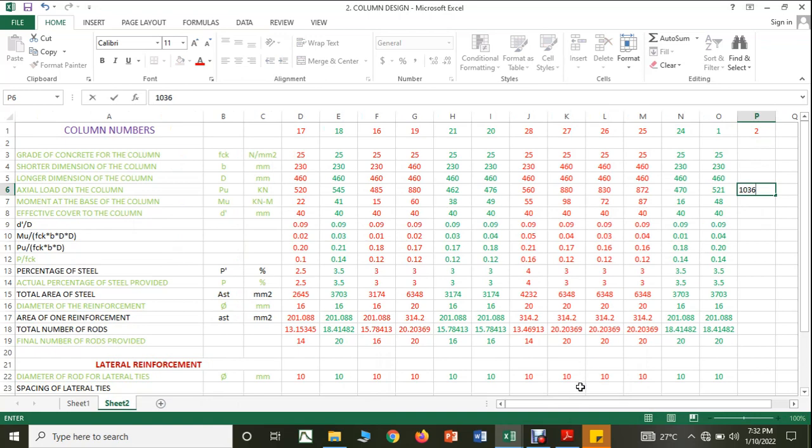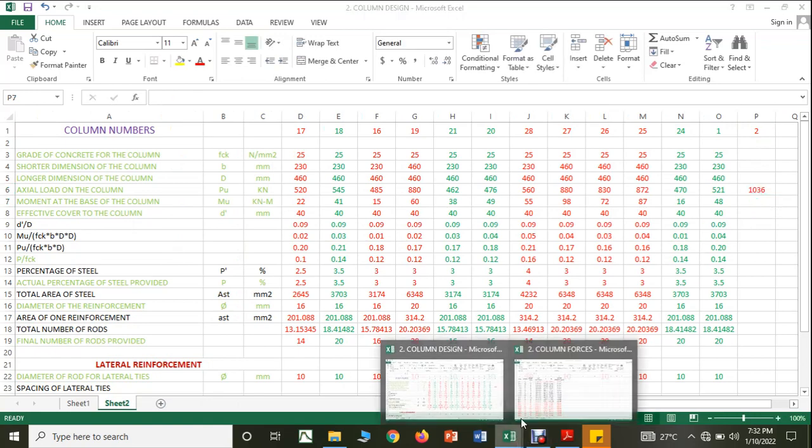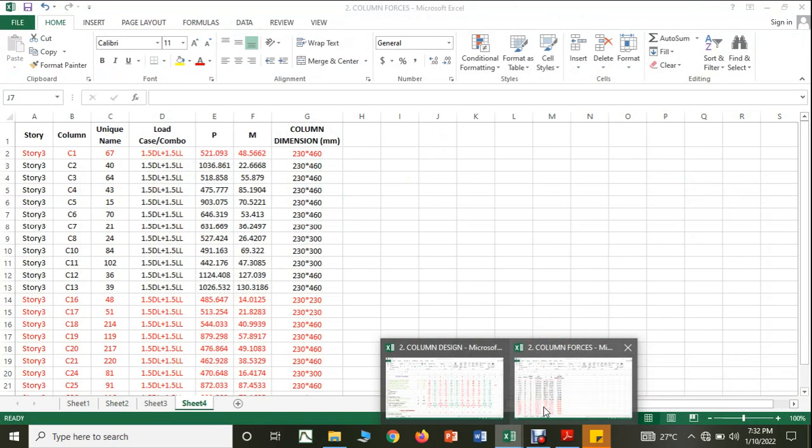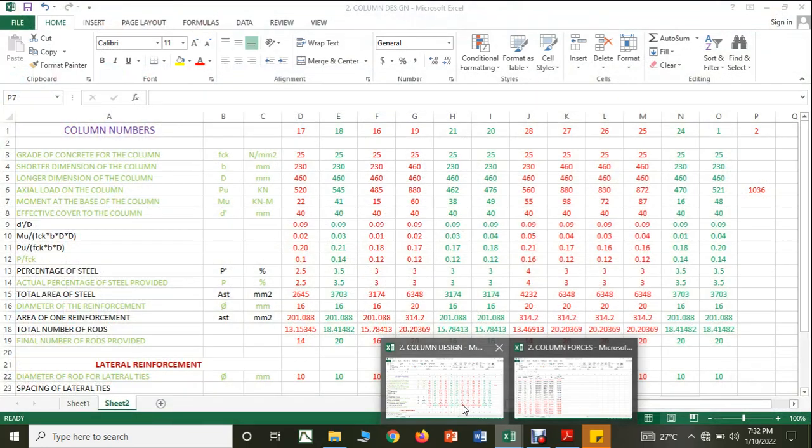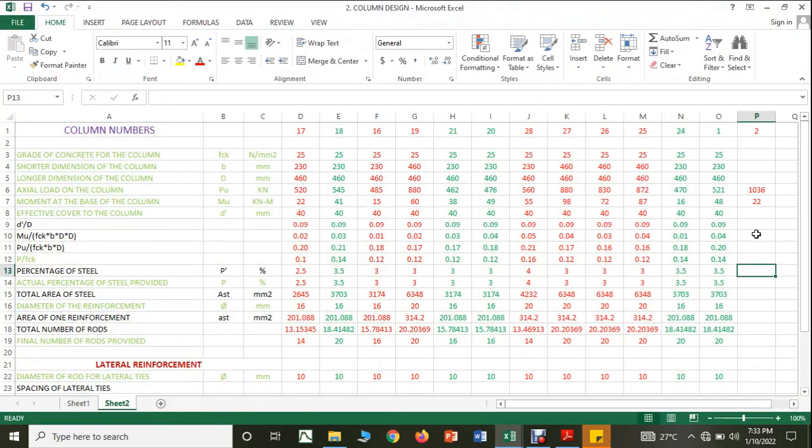I'm going to maintain 40 mm for d dash. With 25 grade, definitely we cannot go for 230 by 460 because the load is higher. So let us maintain 460 by 460, and I'm going to maintain the ratio as 0.01.